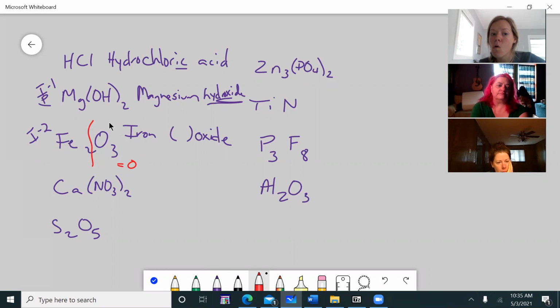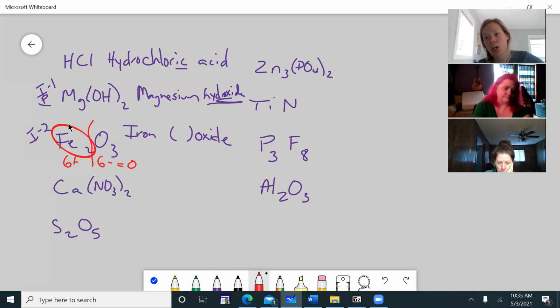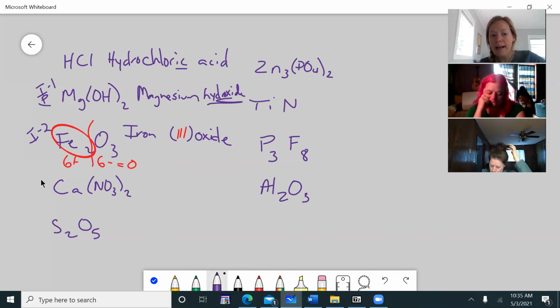So that means this whole thing is producing a 6- charge, which means this whole thing needs to produce a 6+ charge. I have 2 of them, so each one will give me a 3+ charge. We add those up to get the 6. So this will be iron (III) oxide.